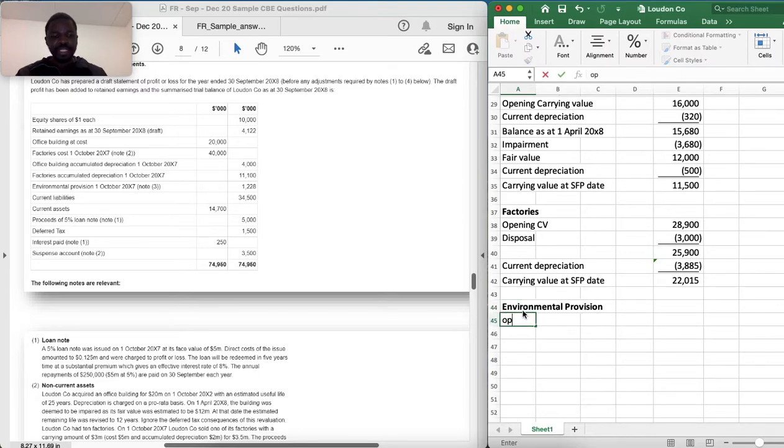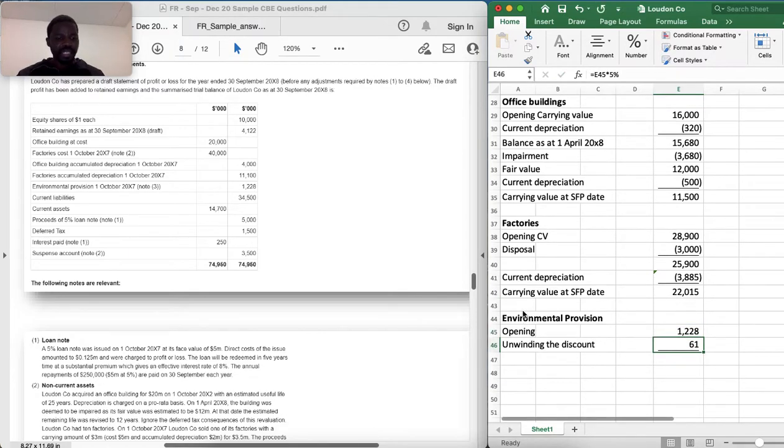We have got the opening provision is 1,228. Then we need to unwind the discount of 5%. So we'll say that figure multiplied by 5%, we get 61. Then we sum that up, we get the closing balance that needs to be transferred to the statement of financial position.